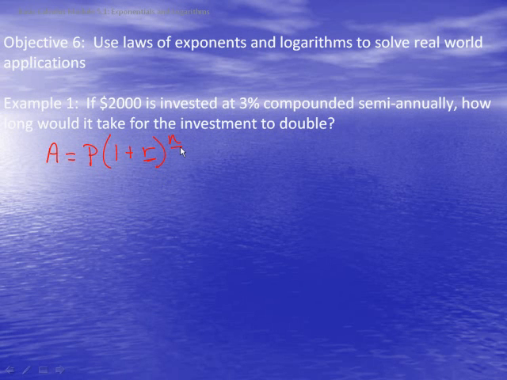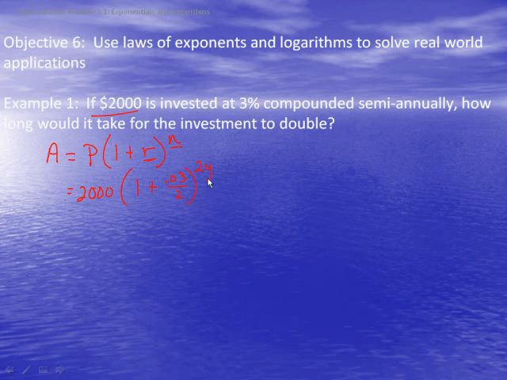So the good news is we're putting in $2,000, so that would be 2,000 here. Our rate is going to be 0.03 divided by 2. And then the number of times is going to be the number of years, and since it's compounded semi-annually, it would be 2 times the number of years.